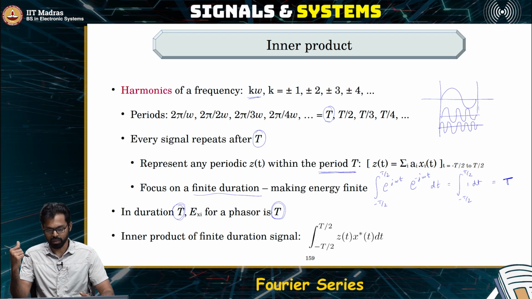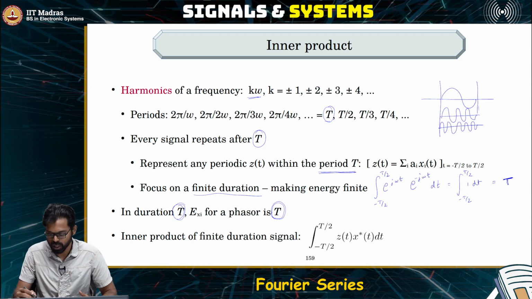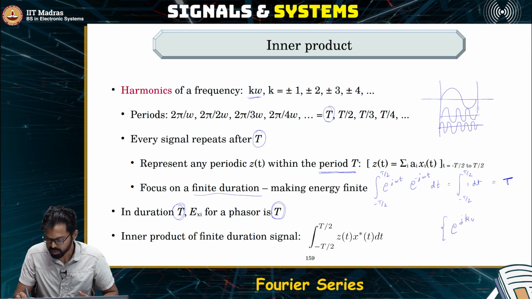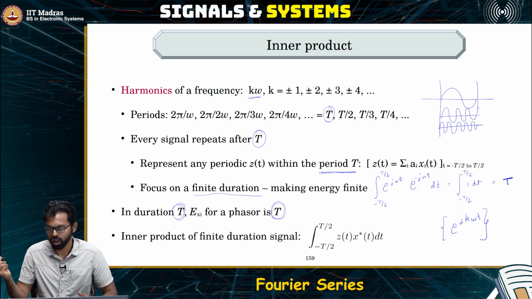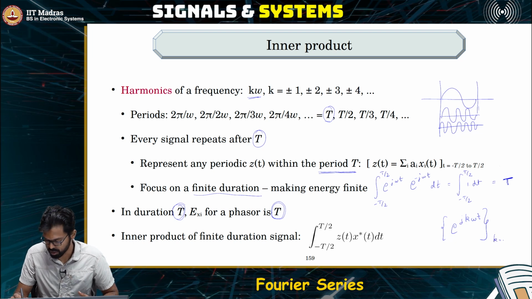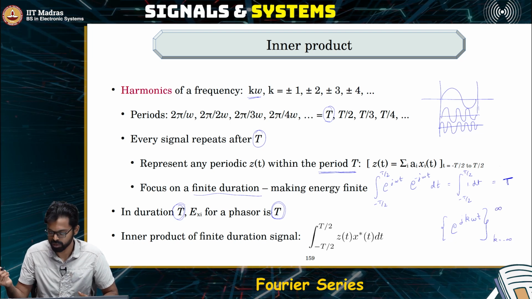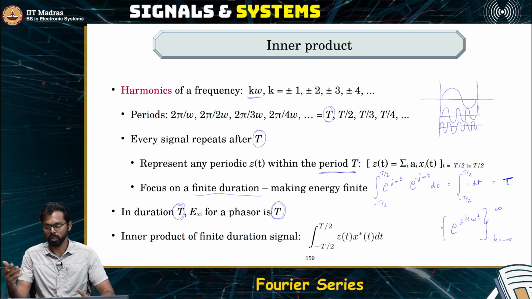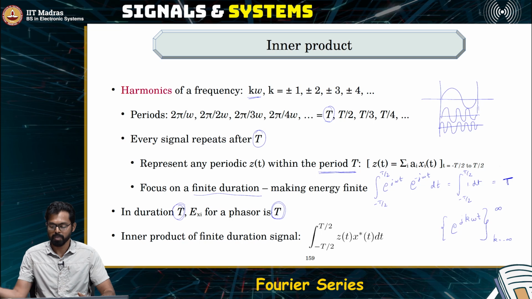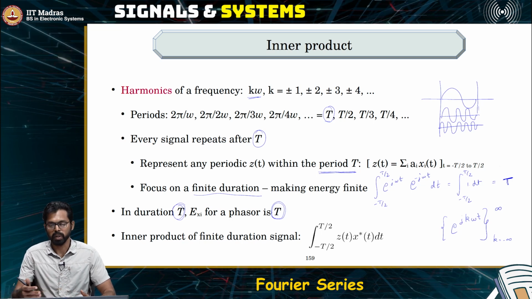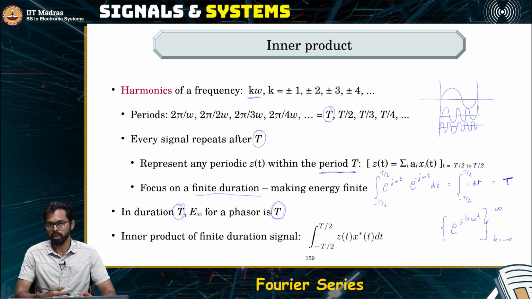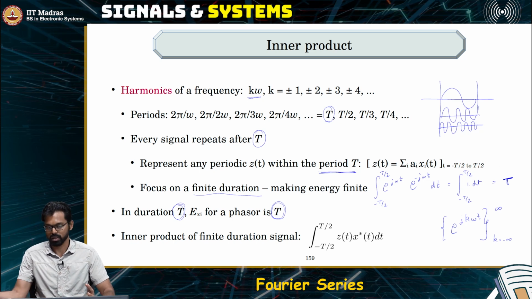We now have a choice, and that choice is simply nothing but the set of all harmonics, k is minus infinity to infinity, given a particular fundamental frequency omega. If omega is 1, then we have frequencies plus or minus 1, plus or minus 2, plus or minus 3, and so on. If omega is 3, then we have plus or minus 3, plus or minus 6, plus or minus 9, and so on.